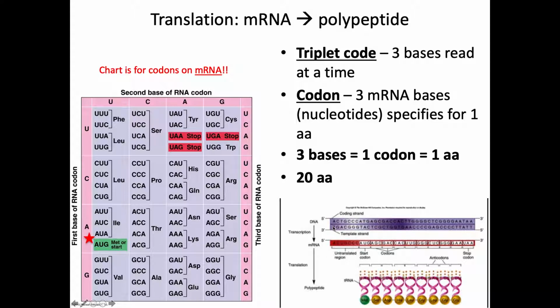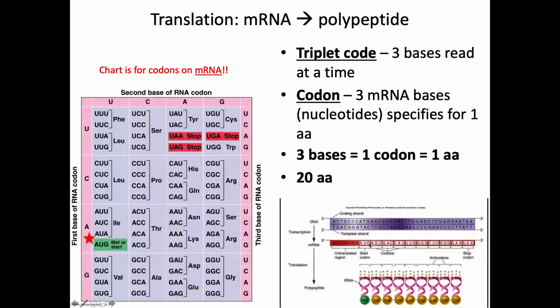Here in this picture, we have your DNA template. This is used to make the mRNA. What's going to start translation is something called a start codon. Each codon on this mRNA is comprised of 3 bases.